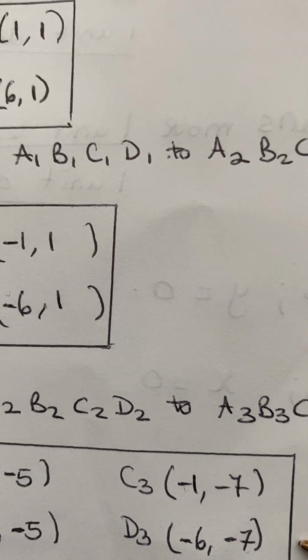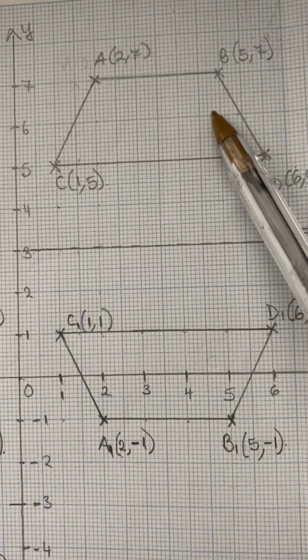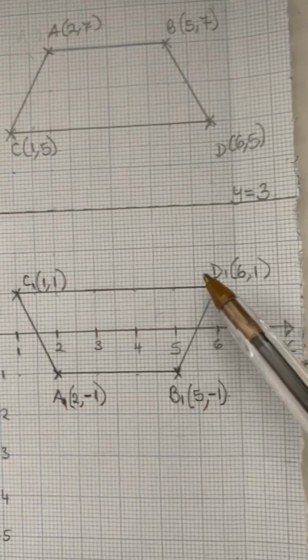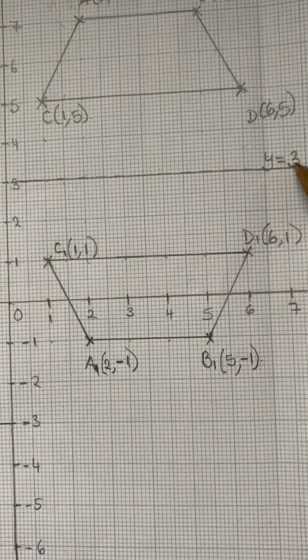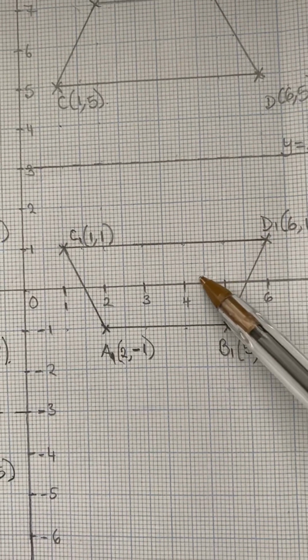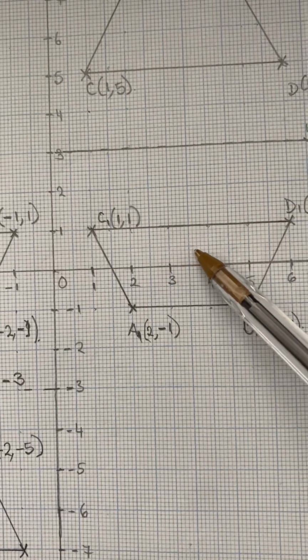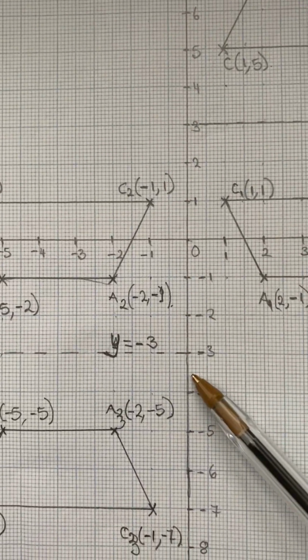So basically, we've had an object, we're given the point, we reflected it first on the line y equals -3. Get a new image, reflect that image on the line x equals 0. This is our line.